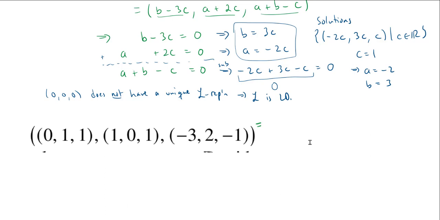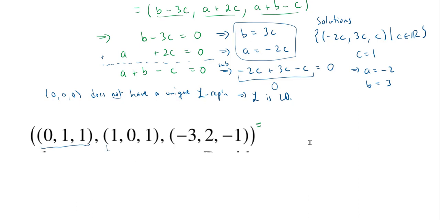And if I do believe that, then I know by the linear dependence lemma, that's what we call the LDL, that one of these vectors has to be a linear combination of the previous vectors in the list, meaning the vectors to the left. So the only way the first vector could be a linear combination of the stuff to the left is if it was the 0 vector, because there are no vectors to the left of it. So that's not the one.